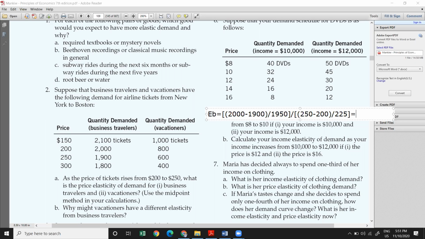Even before calculating, by logic, as you can see, the business travelers and the vacationers differ: vacationers have a choice not to travel, but business travelers don't have any choices. They have to travel. For example, when I used to work in a private company, we were given a certain amount of money for holiday accommodation.